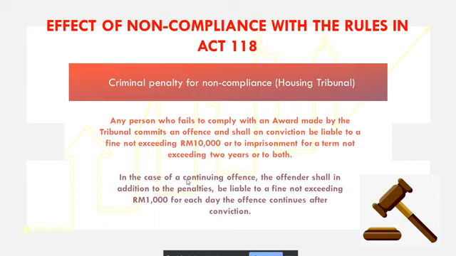In the case of continuing offence, the offender shall, in addition to the penalties, be liable to a fine not exceeding 1,000 for each day. So jika dia teruskan lagi kesalahan, dia akan dikenakan denda penalti lagi 1,000 satu hari.